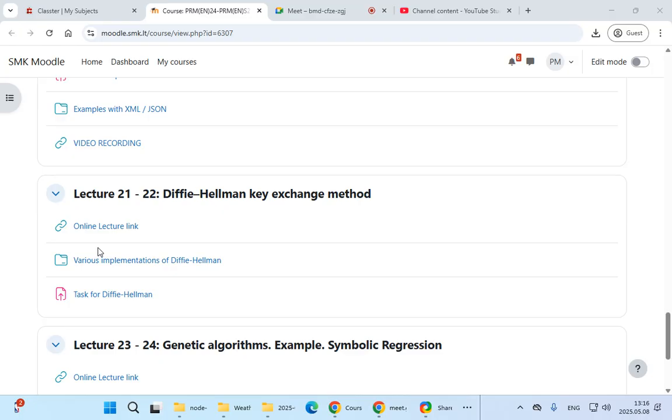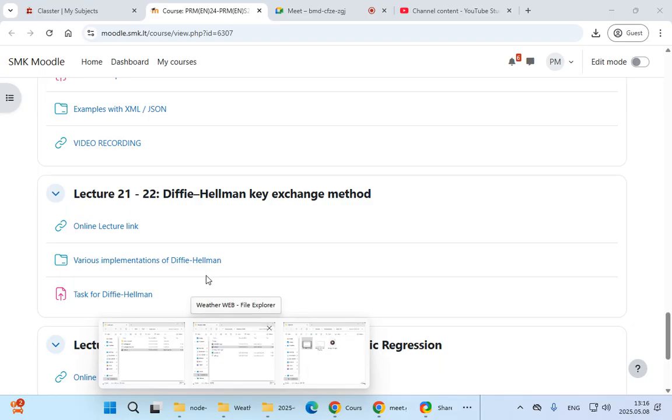Yeah? And it is based on the fact that in order to receive the key, you have to apply the function. But if you only have these special keys, you cannot use them in order to receive the secret key.